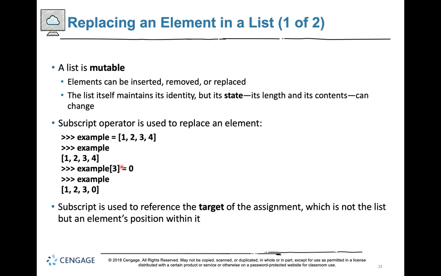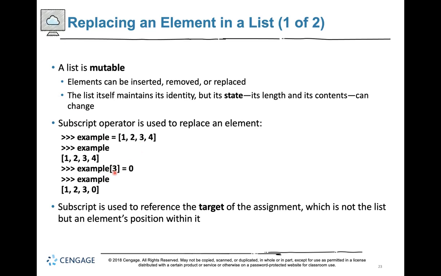And then you can modify the list, of course. The list is mutable. So you can insert, remove, or replace the elements. Now, here's an example. You have 1, 2, 3, 4, a list of 4 integers.